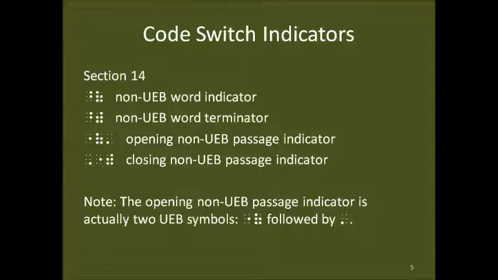You couldn't break them apart. The one exception, I believe this is the only exception, is this opening non-UEB passage indicator. So the dot 5, 1, 2, 3, 5, 6, that's one part of it, and then it's followed by a dot 3. The reason for this will become evident in just a moment.